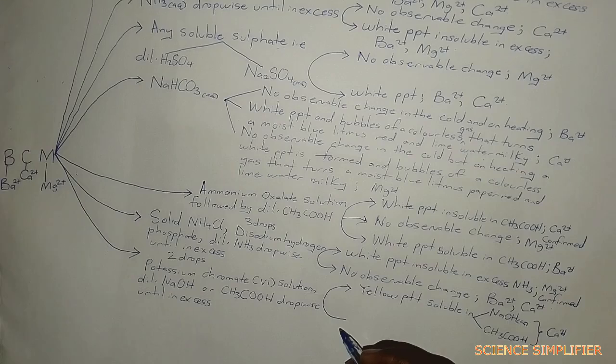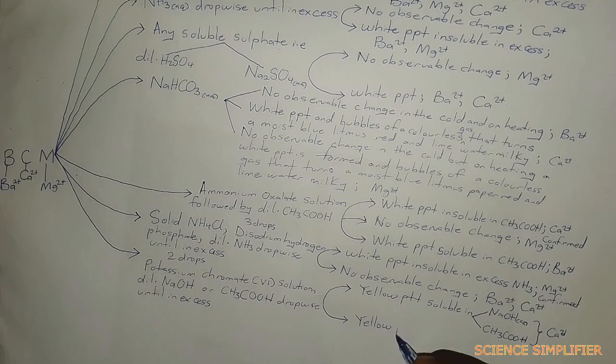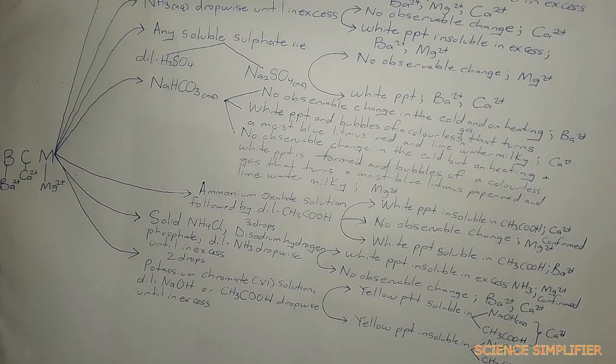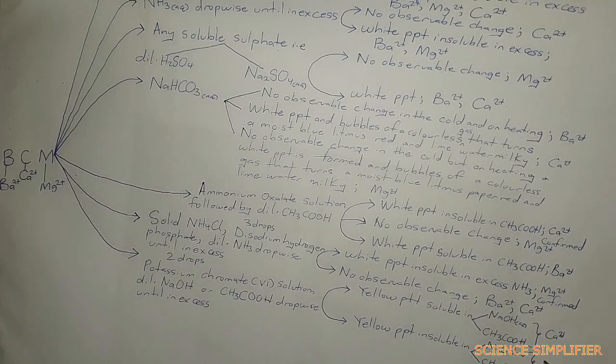You can also obtain yellow precipitate insoluble in dilute sodium hydroxide solution and also acetic acid. Now at this point, this is a confirmatory test for barium ions.